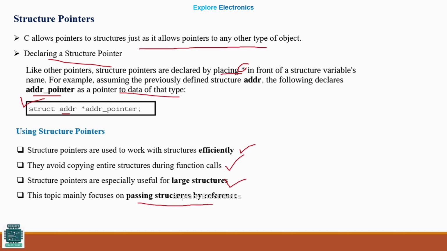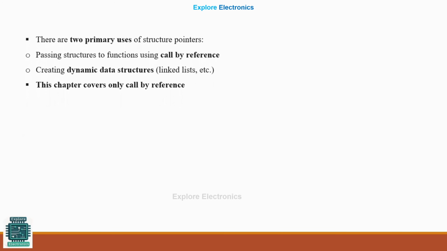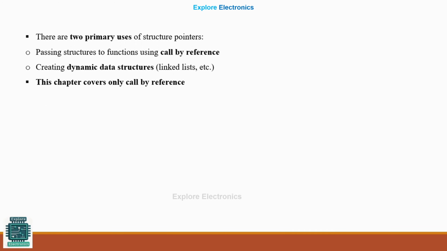There are two primary uses of structure pointers. The first is passing structures to functions using call by reference, and the second is creating dynamic data structures. In this chapter, we are going to focus only on call by reference and not on dynamic data structures, because they have included only this part in your syllabus.